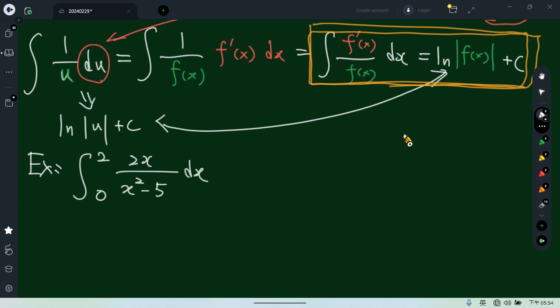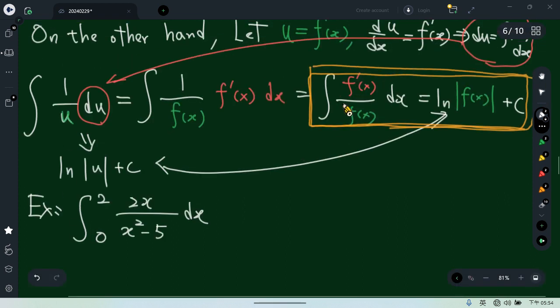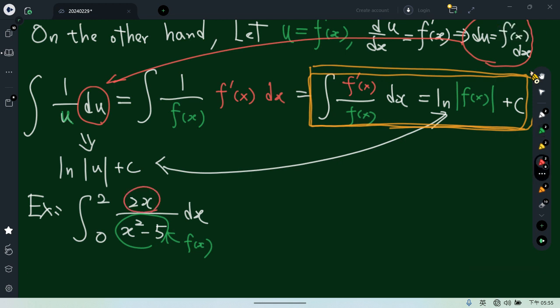So based on this, did you notice that 2x upon x squared minus 5, you can regard here just like f of x, right? So the derivative of f of x will be 2x.